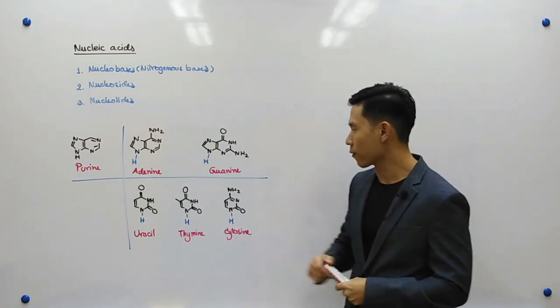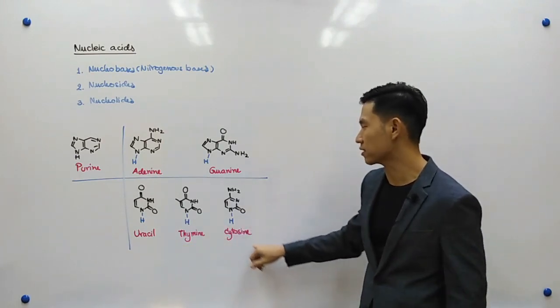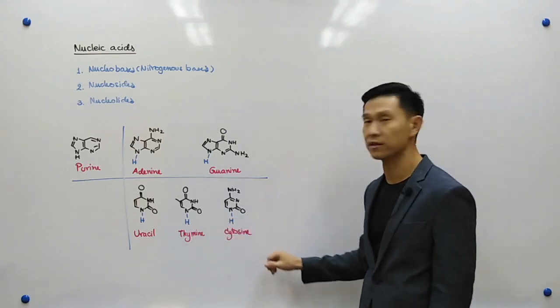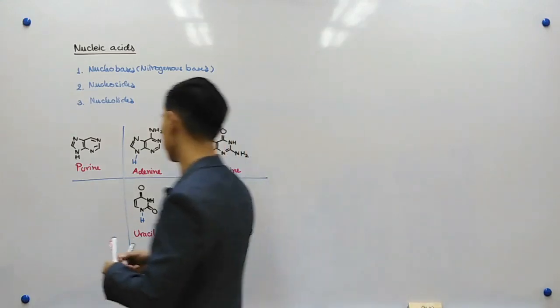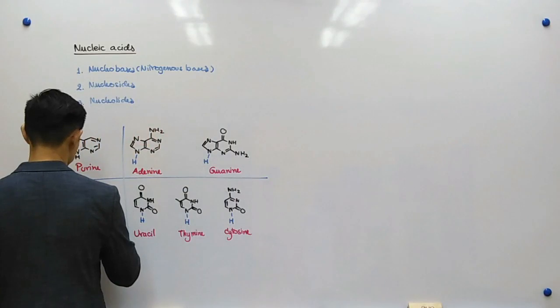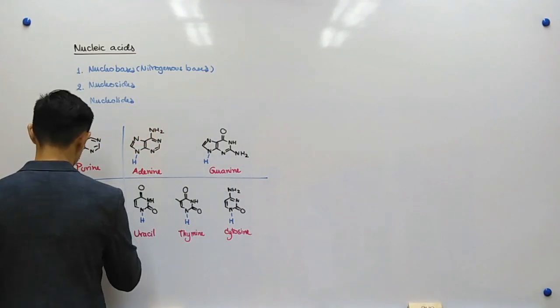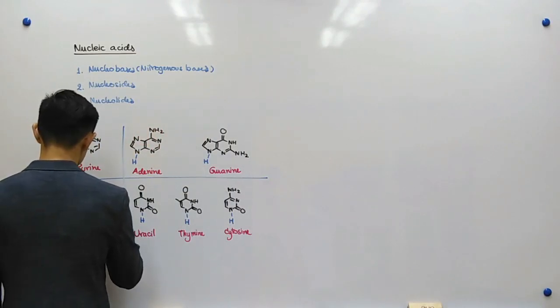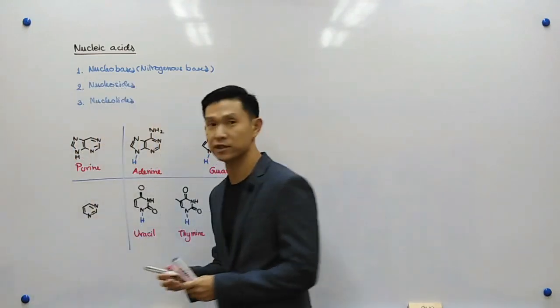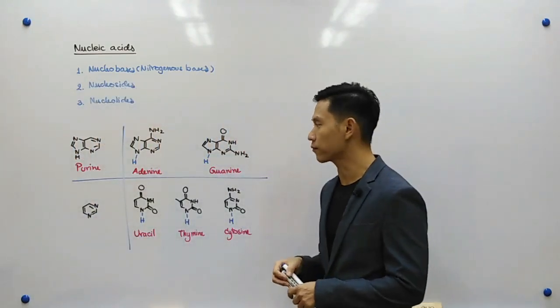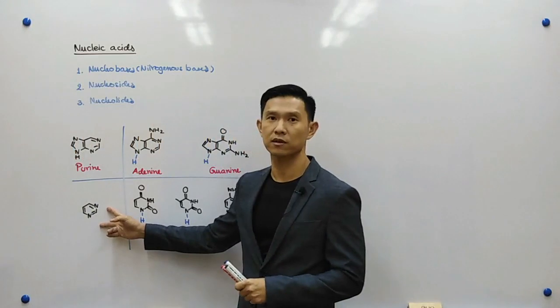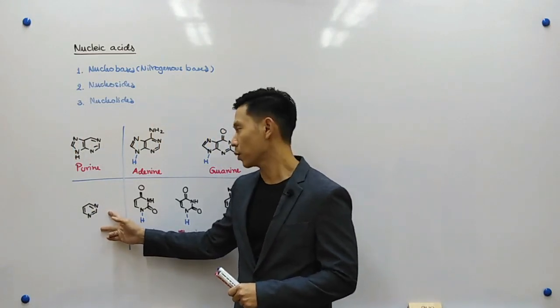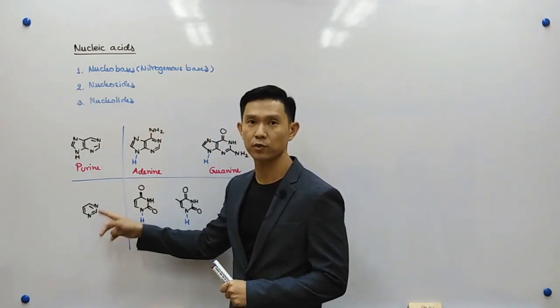And the three structures over here, uracil, thymine, and cytosine, are quite similar to another kind of aromatic molecule. The structure is very similar to the benzene ring, but instead of carbon atoms, we substitute two carbon atoms in the ring with N, in positions 1 and 3.